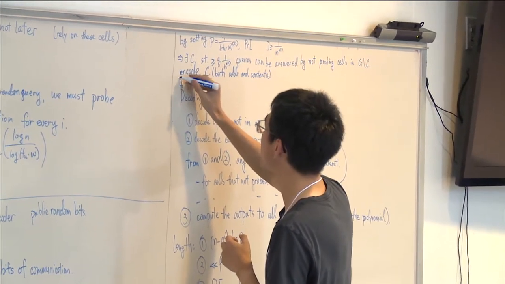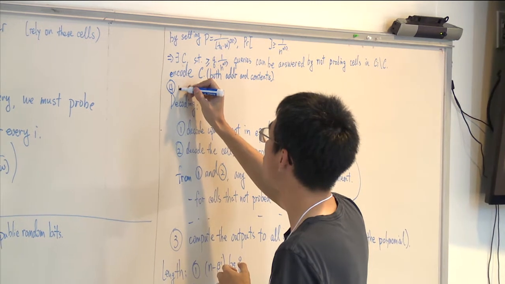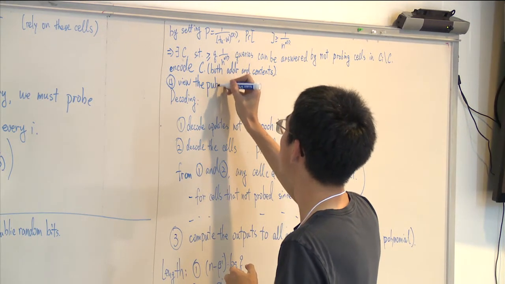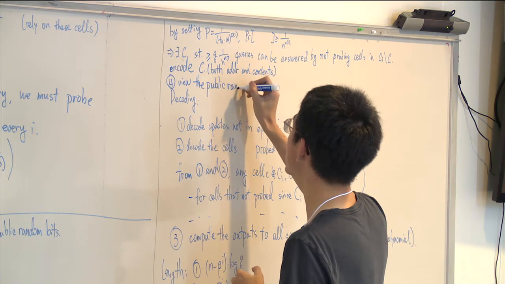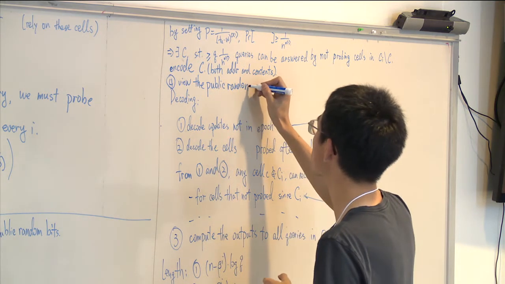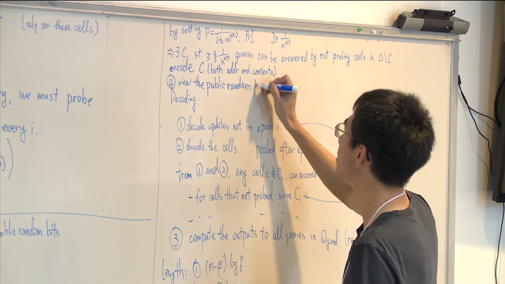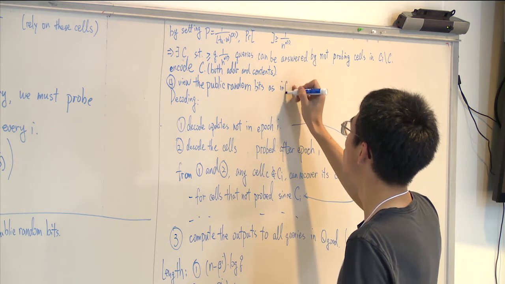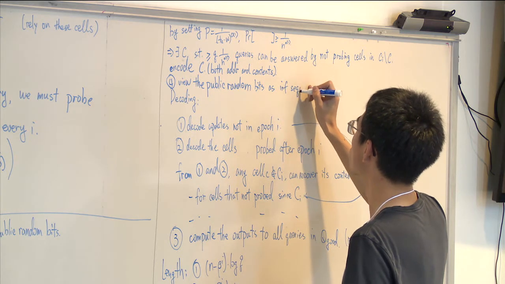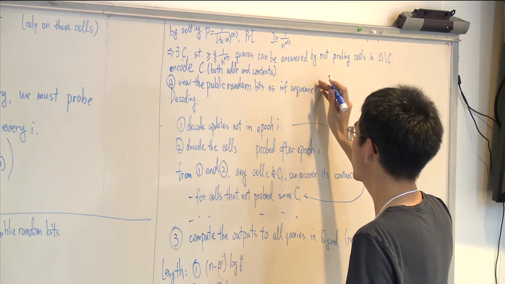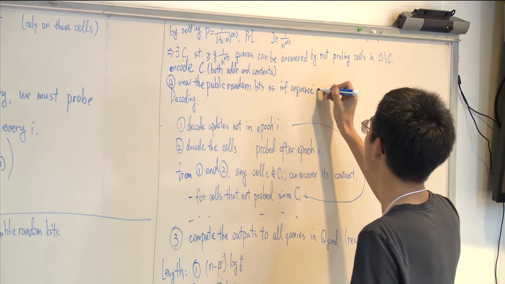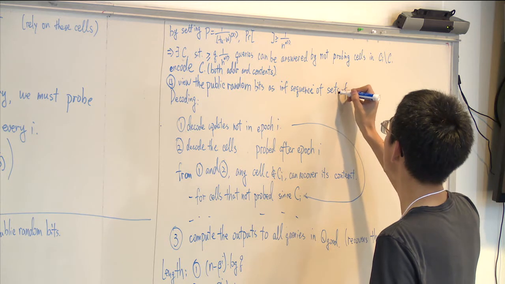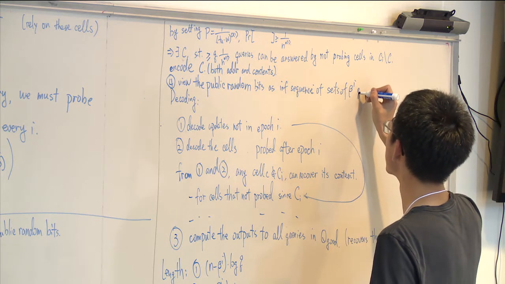So the last step of the encoding is to view, as before, this public random bits as an infinite sequence of samples of size beta to the i, a sequence of sets of beta to the i queries.